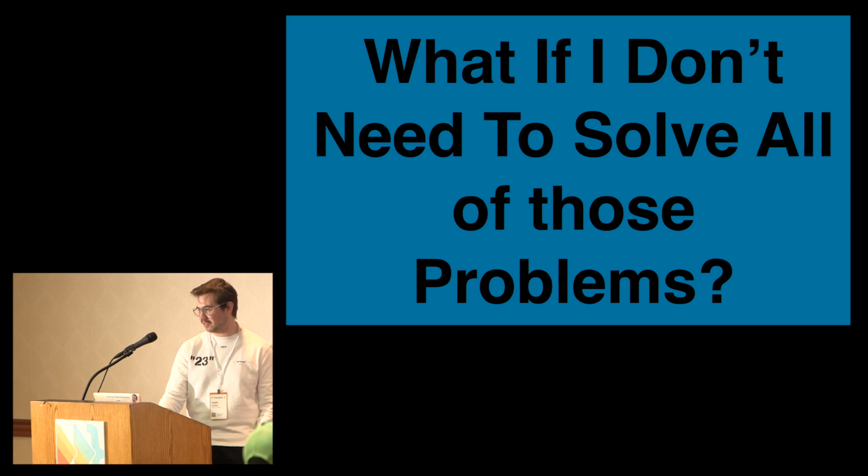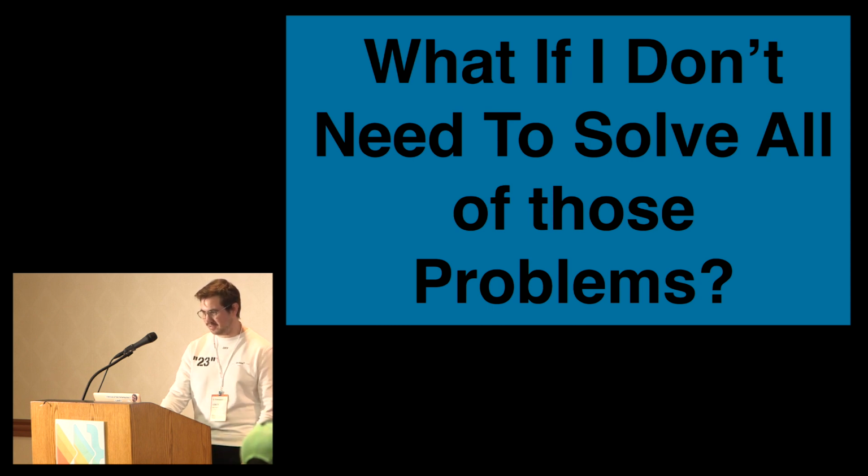So what if I don't need to solve all these problems? I listed a lot of problems there: less data over the wire, round trips, client queries, typing, introspection. These are things that are great, and they're all great in certain scenarios, and sometimes they're all great in every scenario, but sometimes you don't need to solve them all. So I work on an app that serves like 20 people, and they're all in a Netflix office.